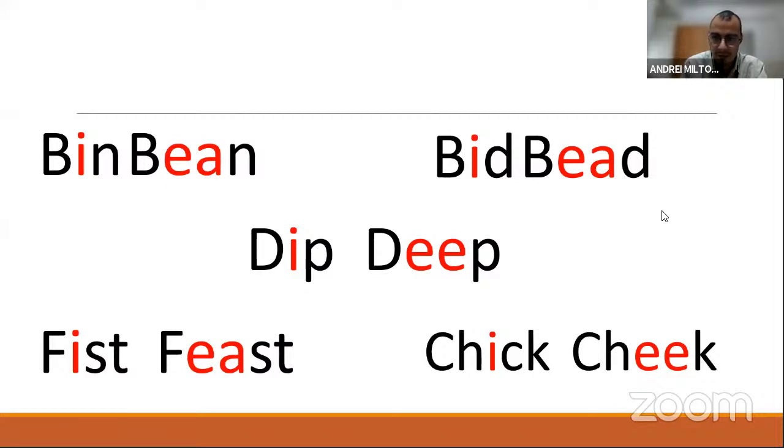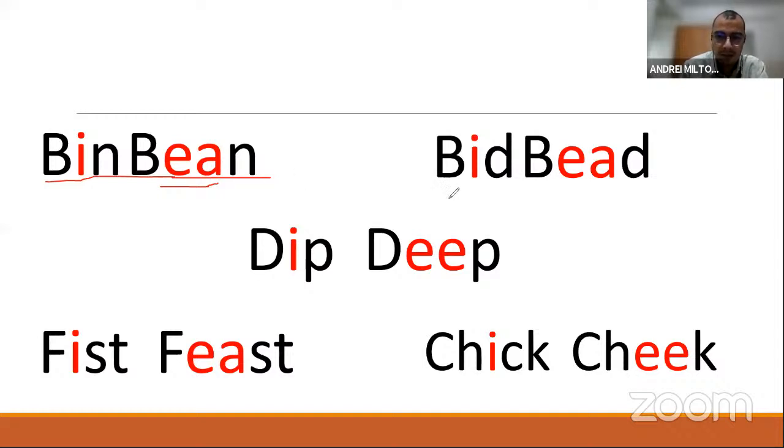We will give it to maybe Yoshita Saravanan. How do you pronounce these two? The first one is bean. Yeah, correct. And the second one is bead. Long sound, right?